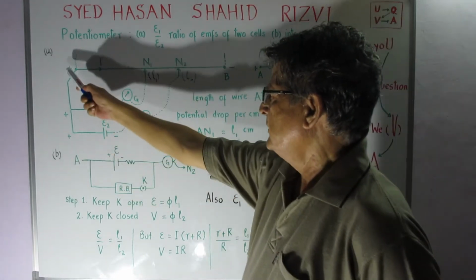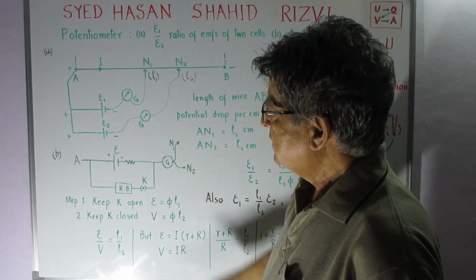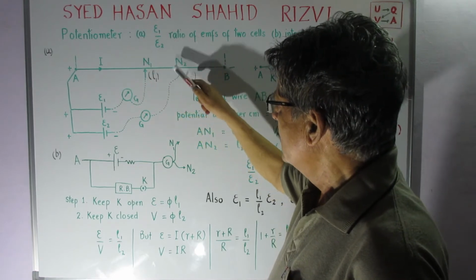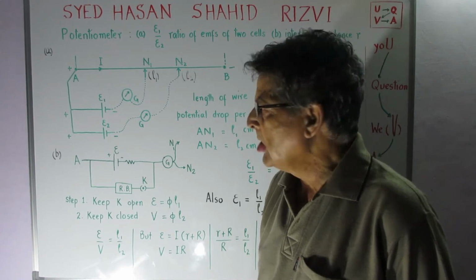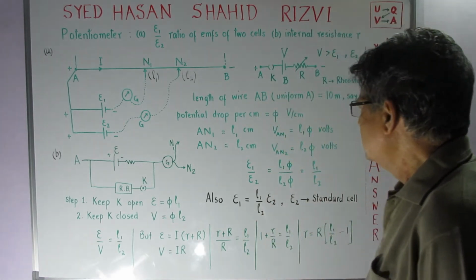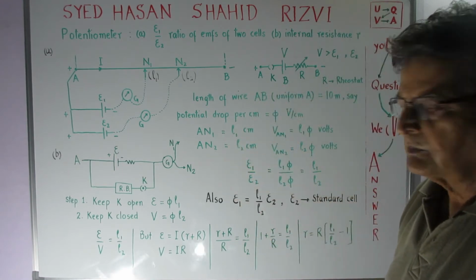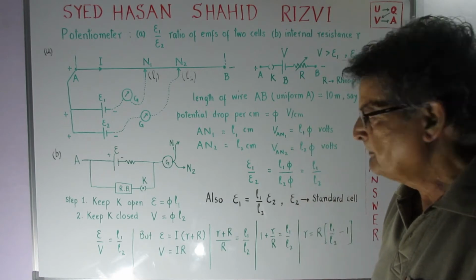This is positive and this is negative. So the potential drops as we go from the end A to the end B. Okay. And we can say that let the potential drop per centimeter be equal to 5 volts per centimeter.